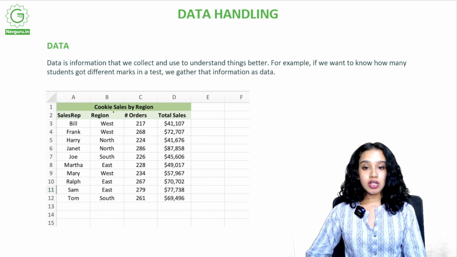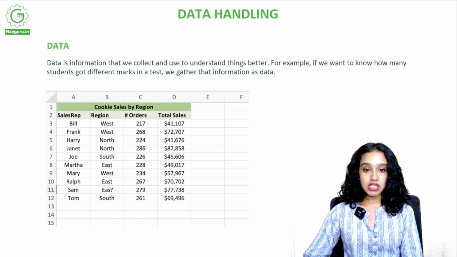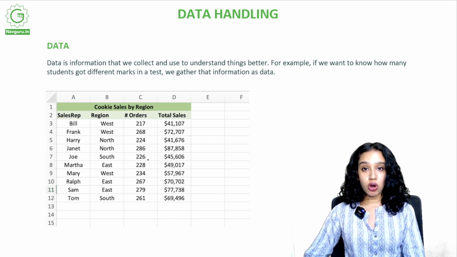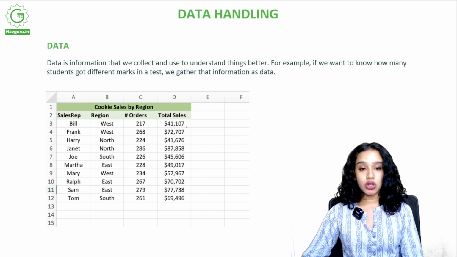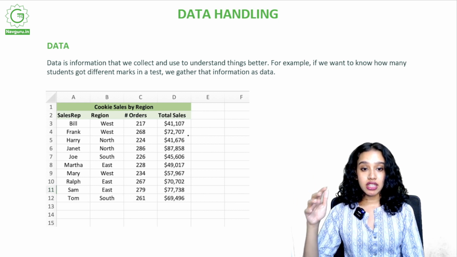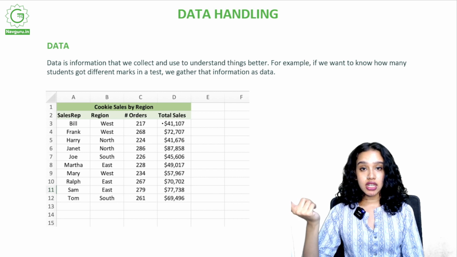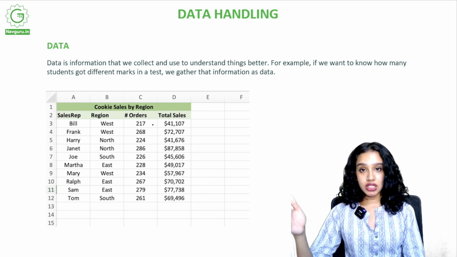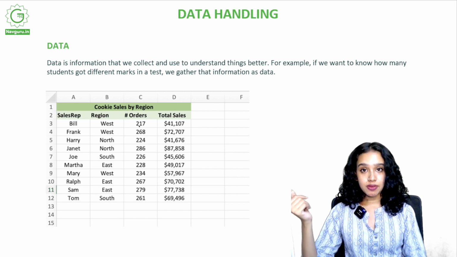Here we could see different sales representatives in different regions, the total orders they have carried forward, and the total amount of sales. The amount of data here is huge. We have the details, we have the amounts, so we have different inputs, and these inputs are called data.